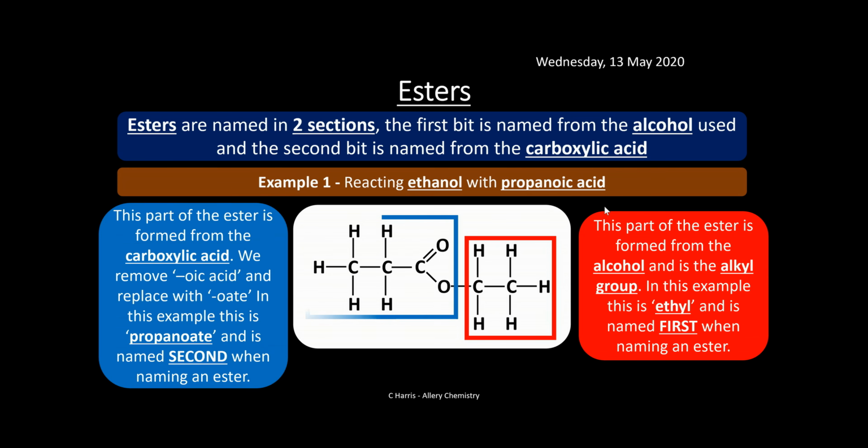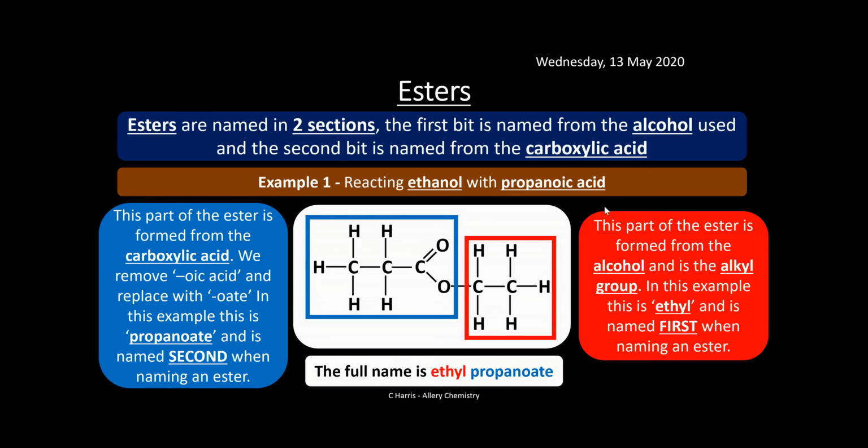The blue bit has come from the carboxylic acid, and we remove the oic acid bit from that and replace it with oate. In this example, this is propanoate, and this is named second. So the full name is ethyl propanoate, with ethyl coming from your alcohol in red and propanoate coming from your carboxylic acid part in blue.